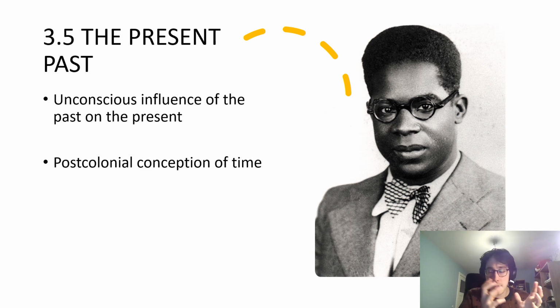So the present past is an interesting conception of time, because it shows that history isn't necessarily neat blocks that follow on one another, but the past shapes the present in unpredictable ways, and it's something that we as historians have to be very conscious about when we write history, particularly this type of post-colonial history.